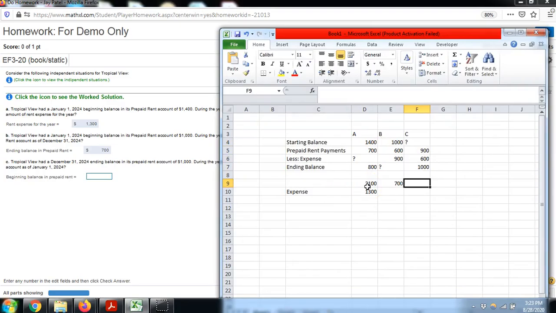So how do we do that? We basically work backwards. We'll take our ending balance, we'll add our expenses, and then we'll have to subtract the additions. So let's see if this works. Let's just back check this. So if 700 is our starting balance, $700 plus 900 minus 600 gives us our ending balance of 1,000.